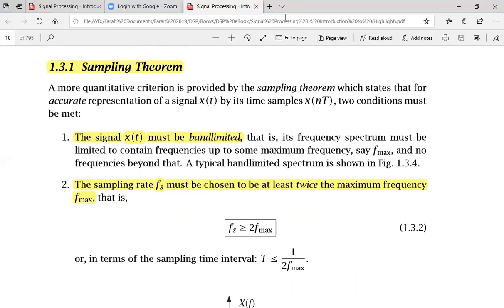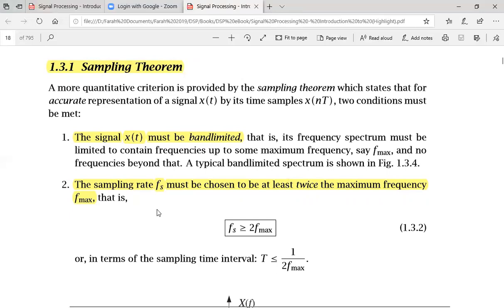Number one, the signal x(t) must be band limited. The spectrum must be limited to frequencies up to a certain maximum, f maximum, and beyond f maximum the spectrum should not exist.